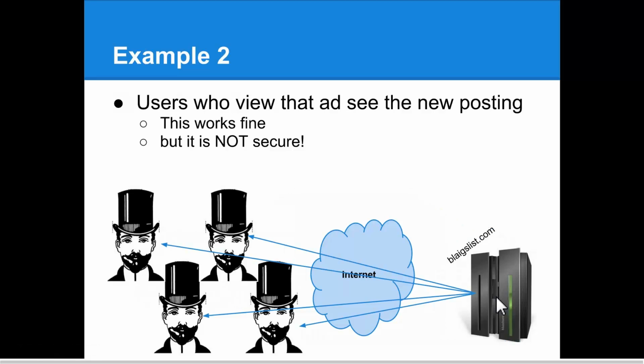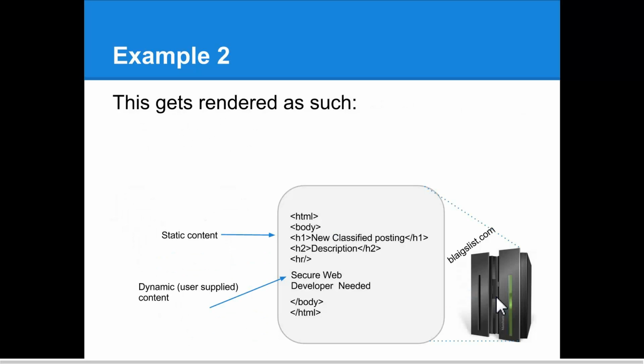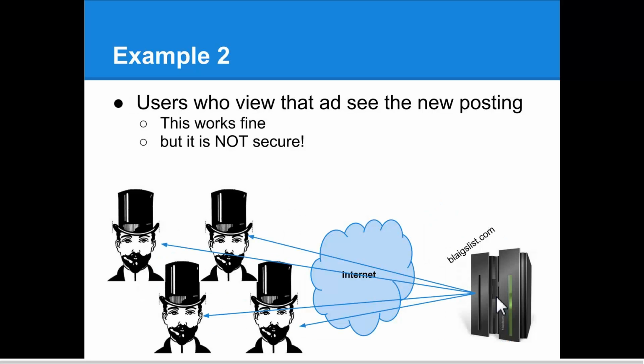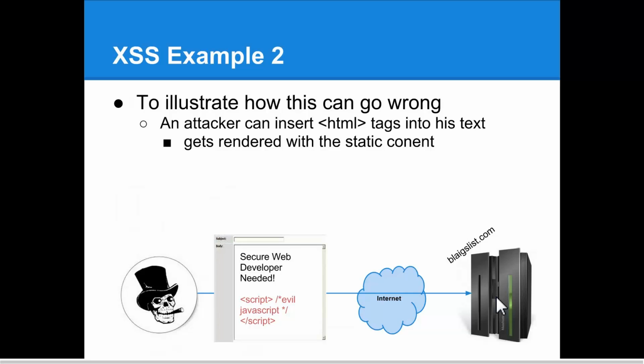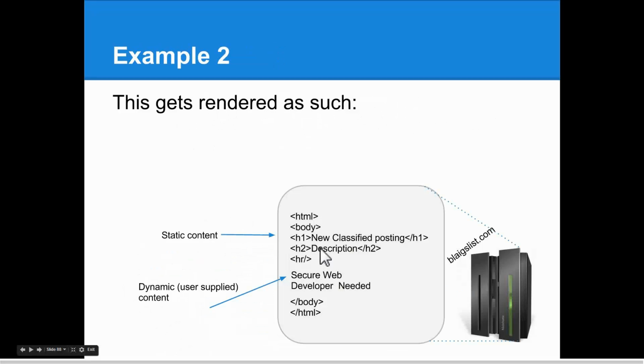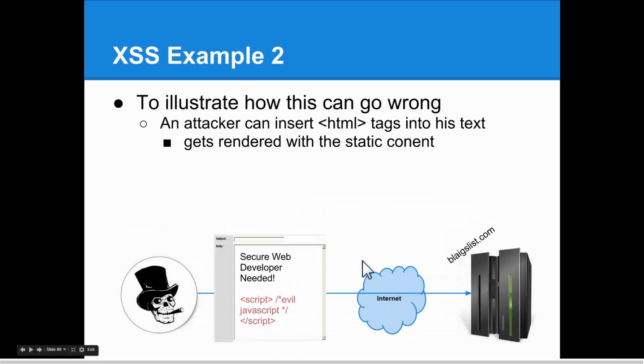So users who view that get to see it, and it's all rendered in HTML, and this is fine, it works, but it's not secure because it's not filtered. Since it's being rendered as straight HTML here, I can insert HTML code, and a common thing attackers do is use the script tag, the HTML tag for starting and ending a script. And I just have comments here for blah, blah, ooh, evil JavaScript.